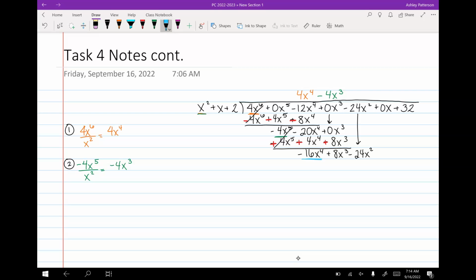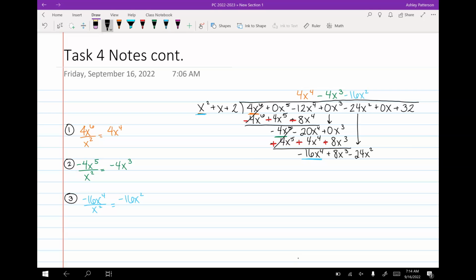So we take negative 16x to the 4th divided by the first term only. And I'm going to write it over here as I've done the previous 2 times. Again, you don't have to. I know you're thinking, yeah, you've said that before. But the more I say it, the more hopefully it'll stick. So we get negative 16x squared. I'm going to put that up at the top like we did the other 2.